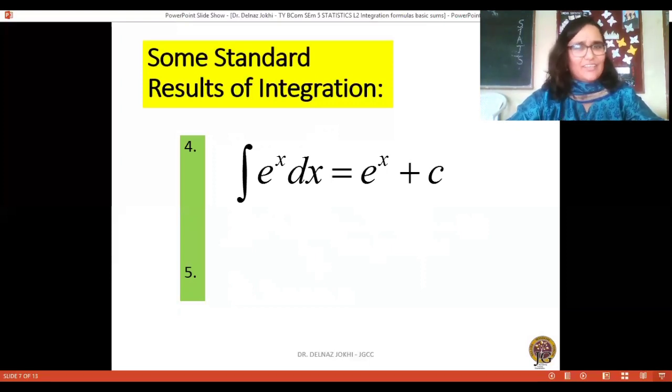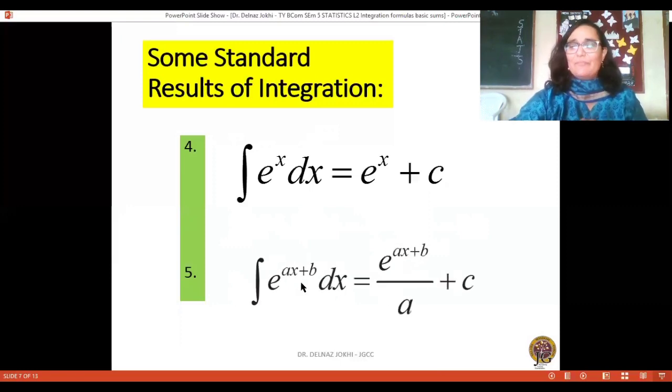Right? Okay. This is very easy to remember. Check it out. Integration e^x dx is equal to e^x plus c. So simple. So when x is in the power, you just copy paste the function. e^x gives e^x plus c, which always comes in every standard result in simple integration.